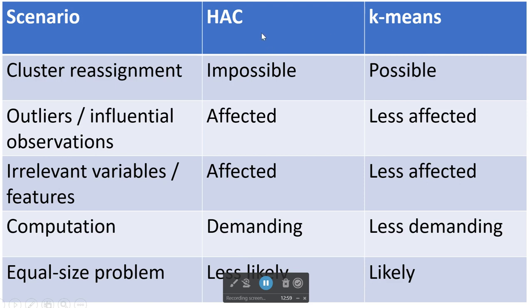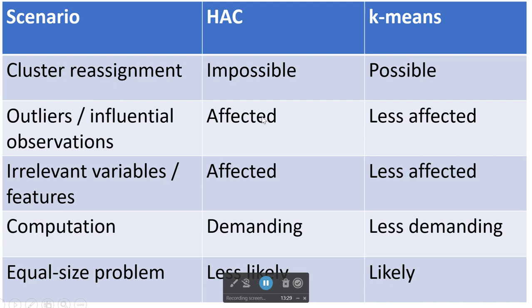and the results of hierarchical agglomerative clustering, but it also depends on the type of linkage being used, can be affected by outliers or other influential observations. And results for k-means clustering are less affected by outliers or influential observations.